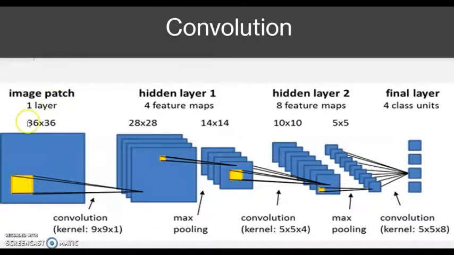So, first of all, we have the input image, and then we have the feature detector, which is also called a filter, or sometimes a kernel. And then the output is going to be a feature map. In this case here we have 4 feature maps.